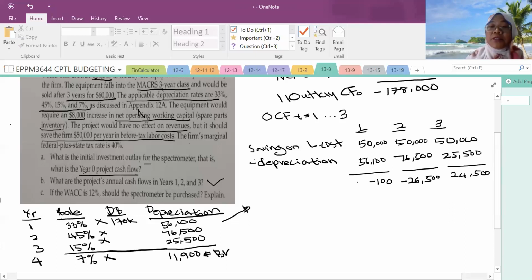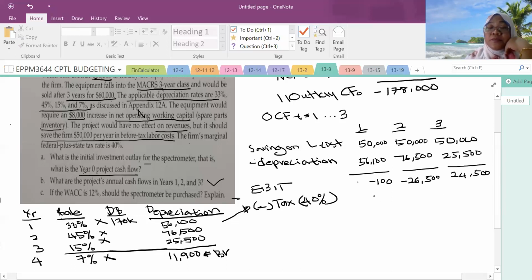This is the EBIT. Next, we are going to deduct the tax, which in this case is based on a 40% rate. So the tax here would be on a negative EBIT.